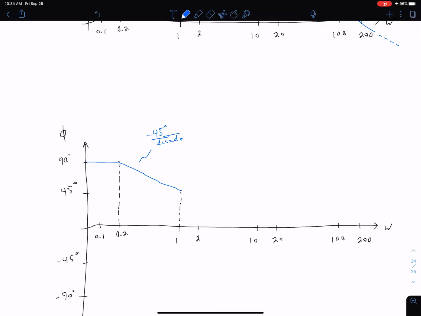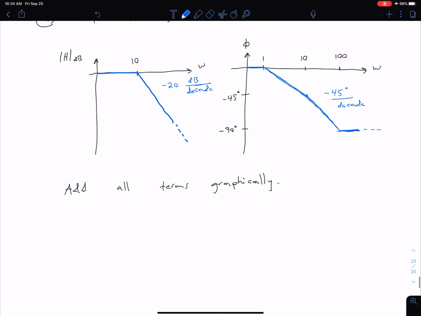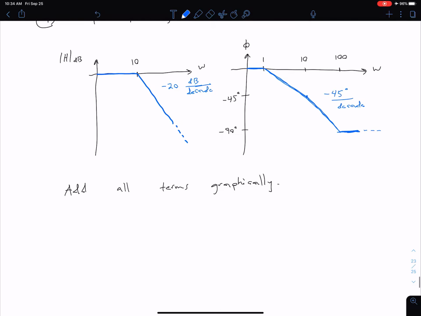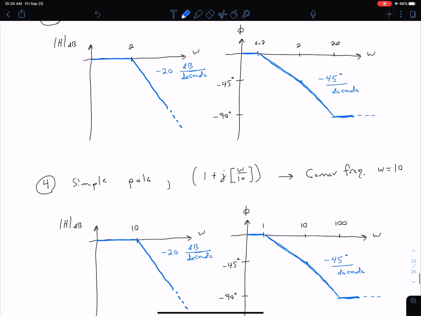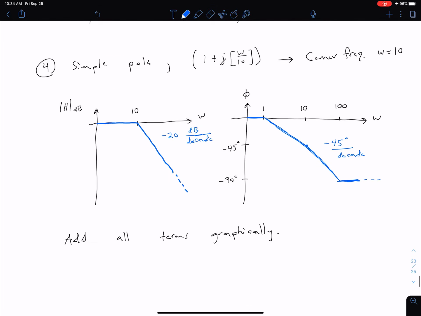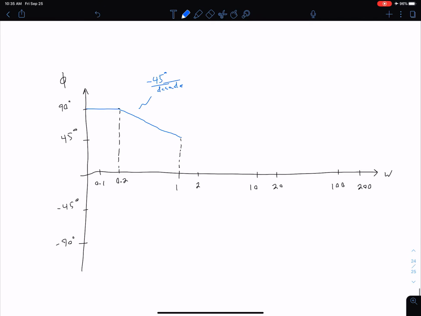Okay. And so now we have this other negative 45 degrees per decade coming in for a net negative 90 degrees per decade. And so we're going to have that negative 90 degrees per decade until we reach 20, because 20 is where we lose the contribution from the first one. So at 20, what we could see is that we should be at negative 45.